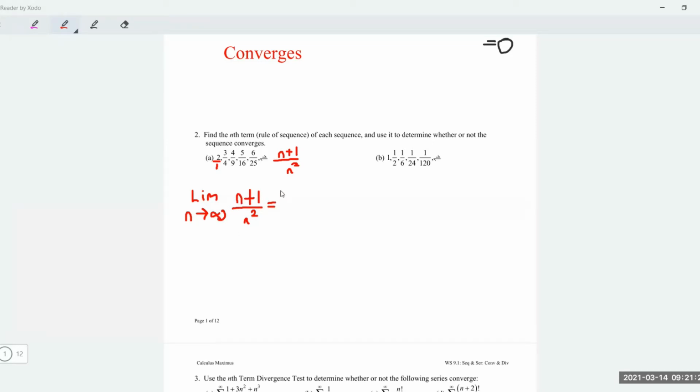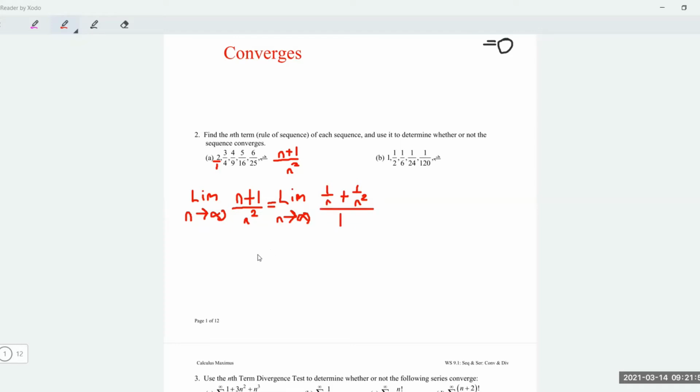Dividing through by n squared, n over n squared is 1 over n, plus 1 over n squared, over n squared divided by n squared, you get 1.